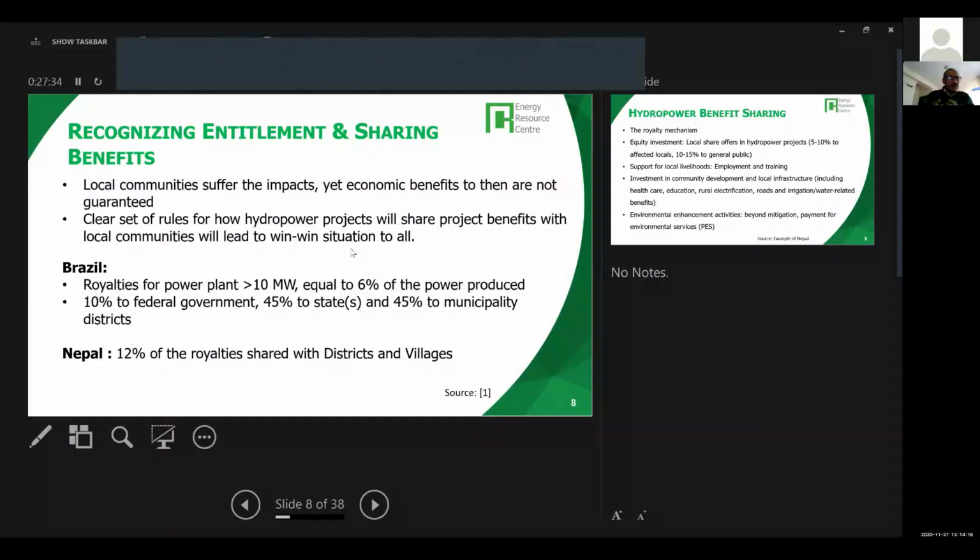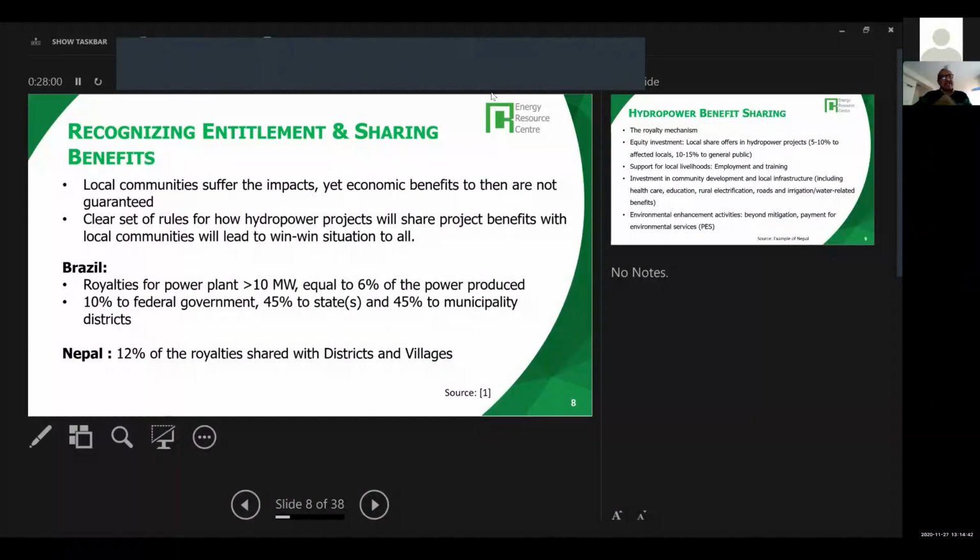Out of this royalty, 10% goes to the federal government, 45% goes to the states that fall in that project area, and 45% goes to the municipality district. So about 45% directly goes to the directly affected districts of this region.